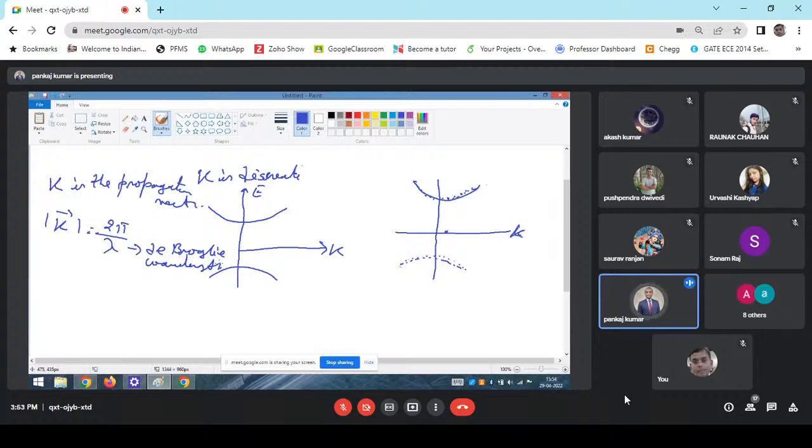Since we can also write momentum in terms of this k, sometimes we also call it an energy-momentum diagram. Therefore we also call this an energy-momentum diagram.